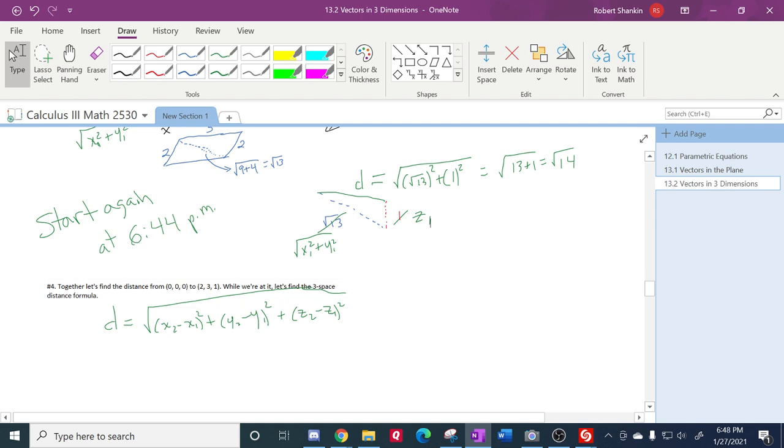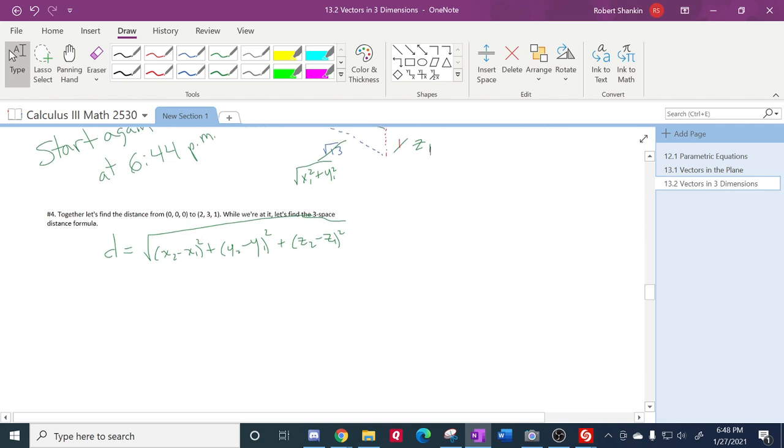And so we could reconstruct this three-space distance formula. Alright, so we're going to need that at different times, and it's just a natural extension of the two-space distance formula.